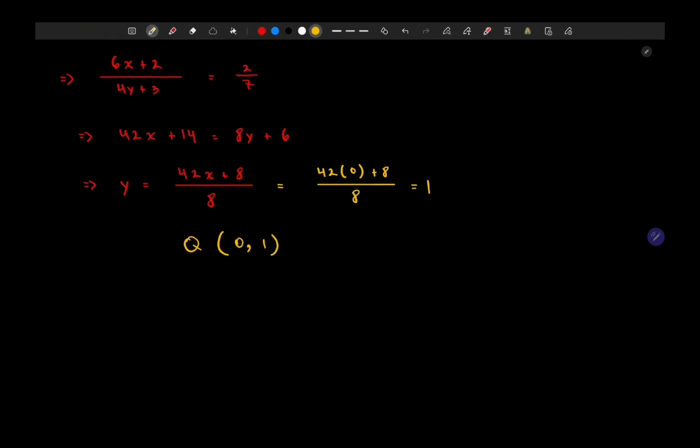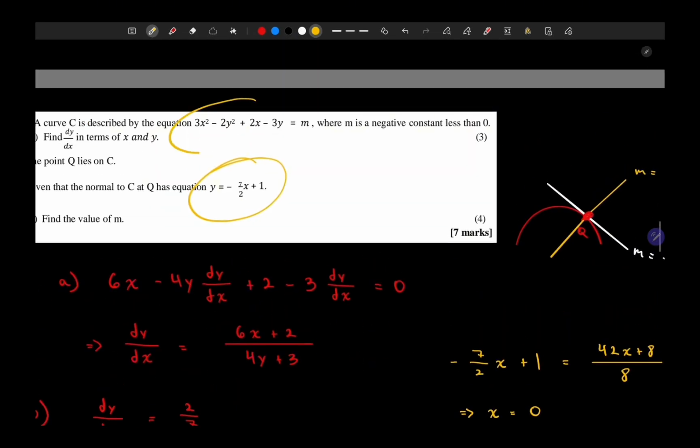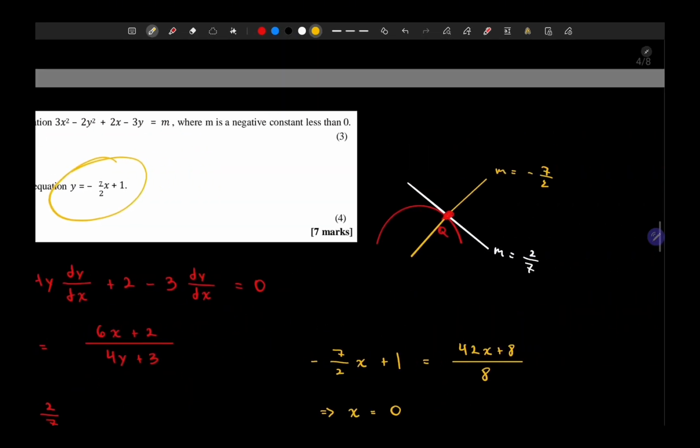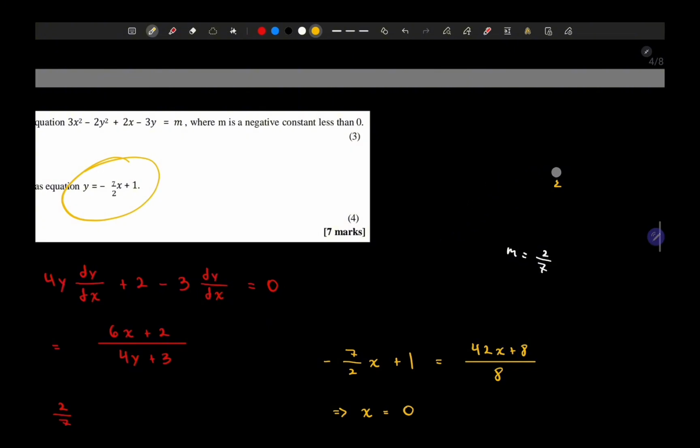Now bear in mind that the point Q also lies on the curve C, which means that we can also substitute this coordinate into this equation. So that's 3 times 0 squared minus 2 times 1 squared plus 2 times 0 minus 3 times 1 equals m.